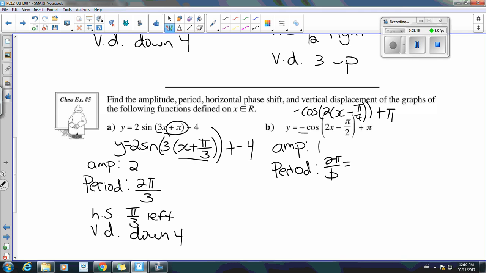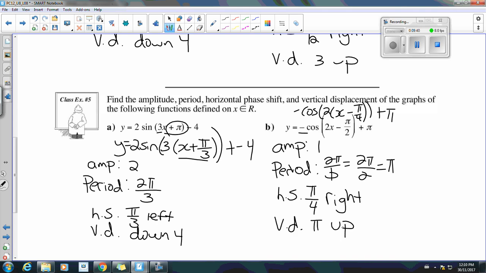So we get x minus pi over 4 plus pi. So our b value is 2, well, 2 pi over 2 is pi. So our period's pi radians. Our horizontal phase shift, we've gone pi over 4 to the right. It looked like pi over 2, that's why we had to factor it out first. And our vertical displacement, we've gone pi units.